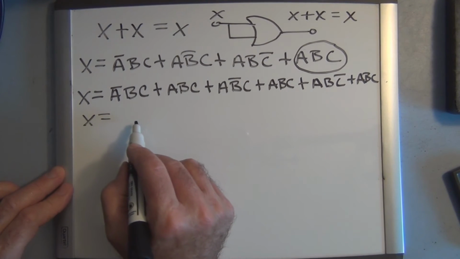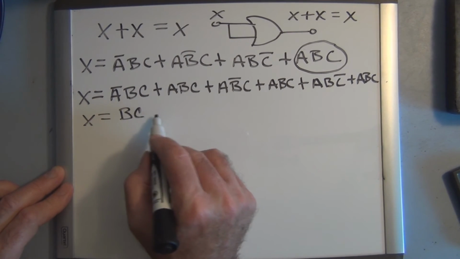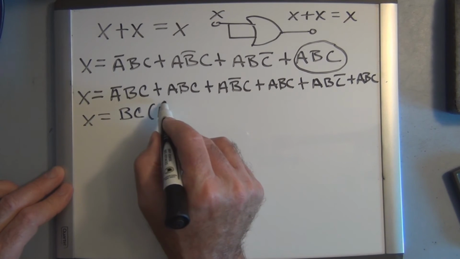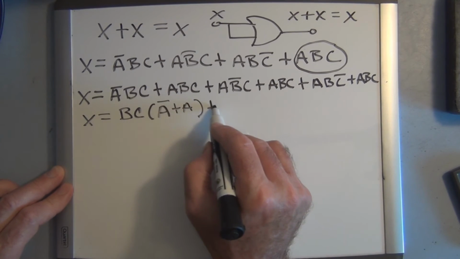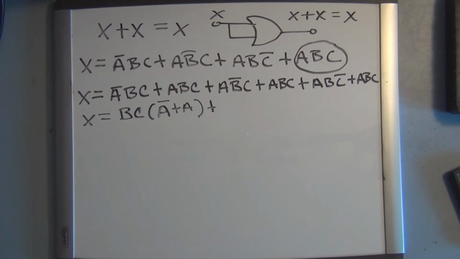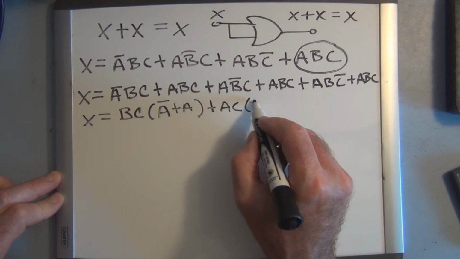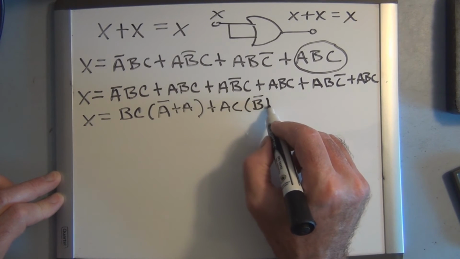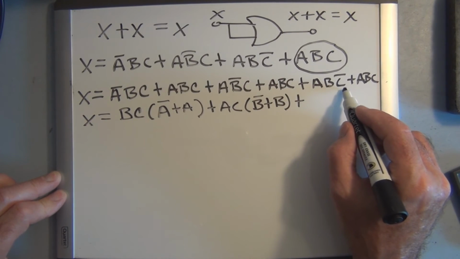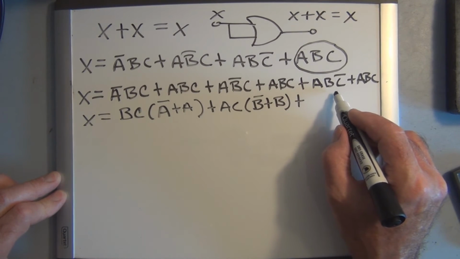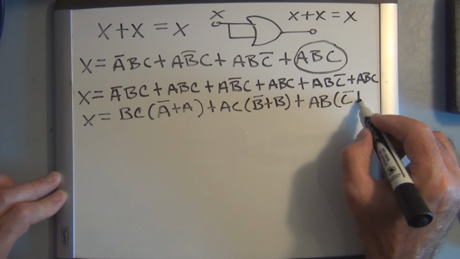In this case it's A, so we take out the BC and we end up with A naught ORed with A. And in this case we have AC, and that's times B naught ORed with B. And in this case we have AB, and we have C naught ORed with C.